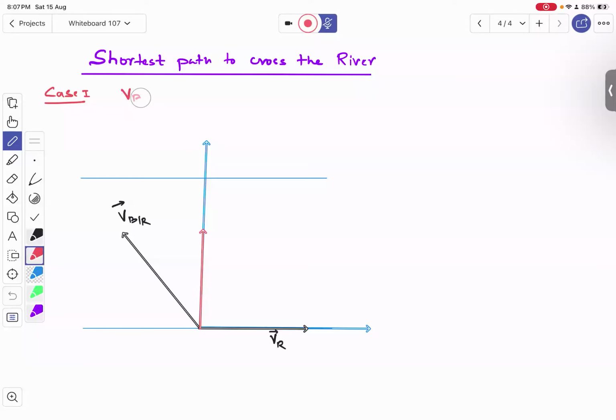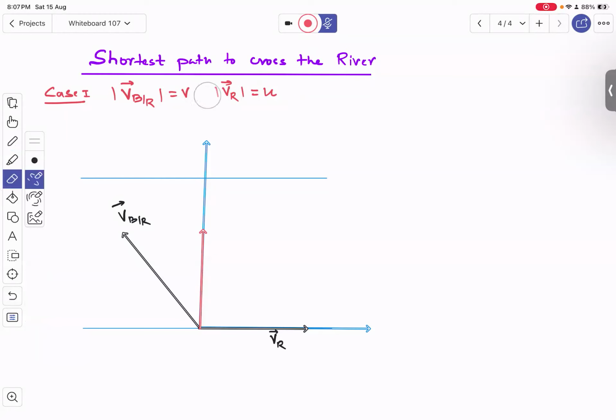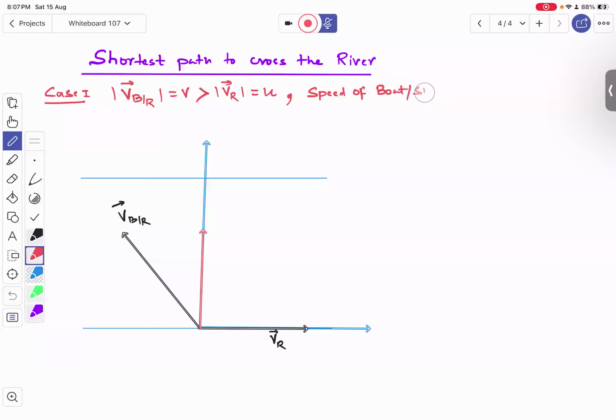So in symbols, I write VBR, for which we use the symbol V, is more than VR modulus, for which we use the symbol U. In words, when the speed of the boat or swimmer with respect to the river is more than the speed of the river.